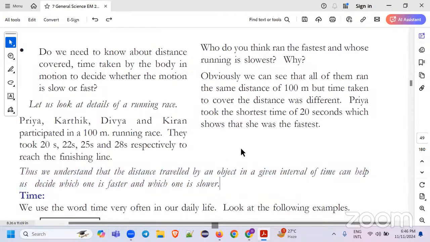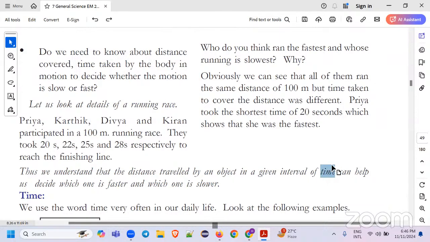So if the same amount of time is given, here we are coming across another word, time. What is time? Now we say that the time is around, I don't know, 5:45 or so, I cannot see the time here, 6:46.